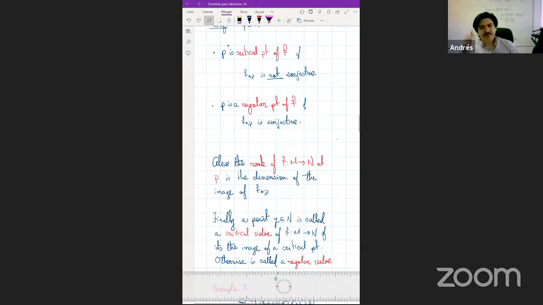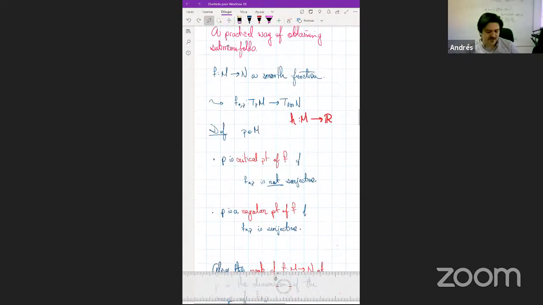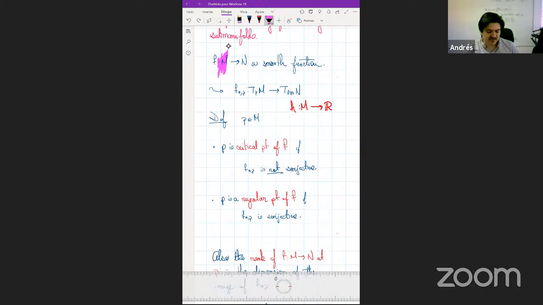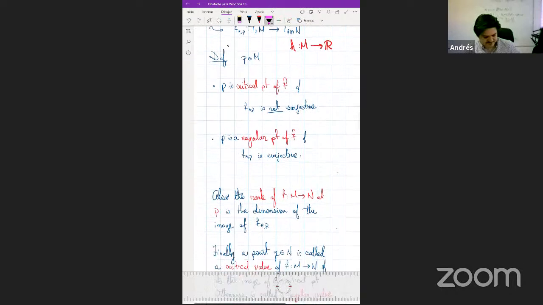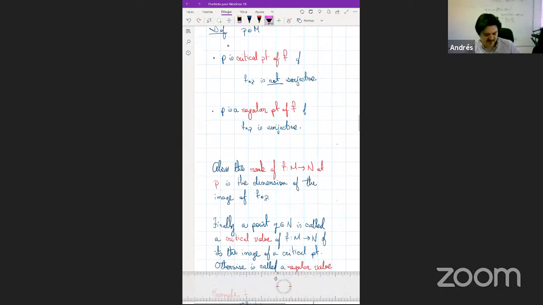Finally, we have described critical points and regular points on M. And now here we define critical values and regular values. So a regular value means that the preimage of every point is a regular point. So that's going to be a regular value.